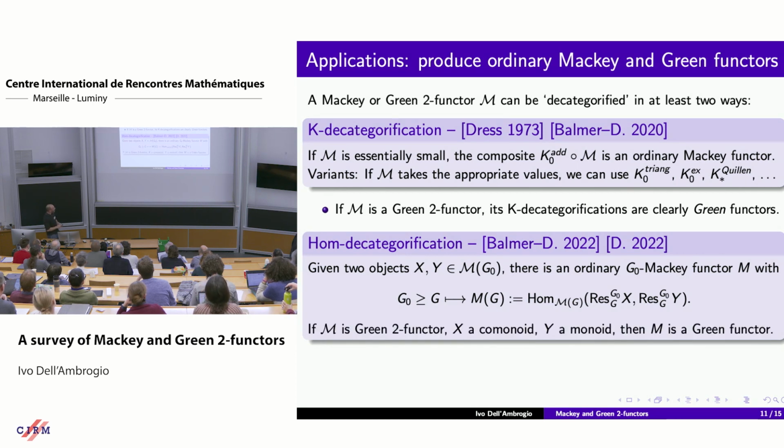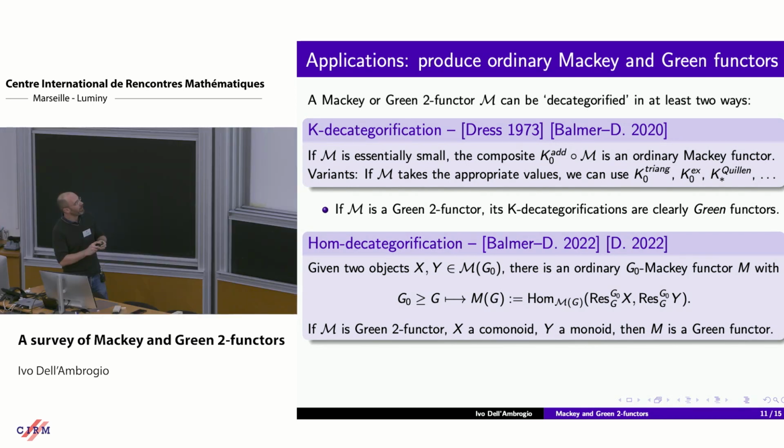Now this time I put it inside the theorem because it's really non-obvious, but if M is a Green 2-functor, this guy is a tensor category, and X could be a comonoid in here, and Y a monoid in here, and then when you restrict, you still get comonoids and monoids by the strong monoidal property of the restriction functors, and this abelian group has a convolution product. So it's a ring, and in fact M becomes then an ordinary Green functor.